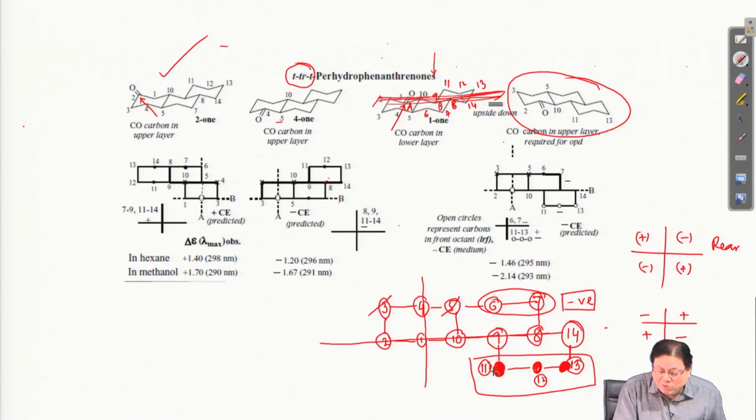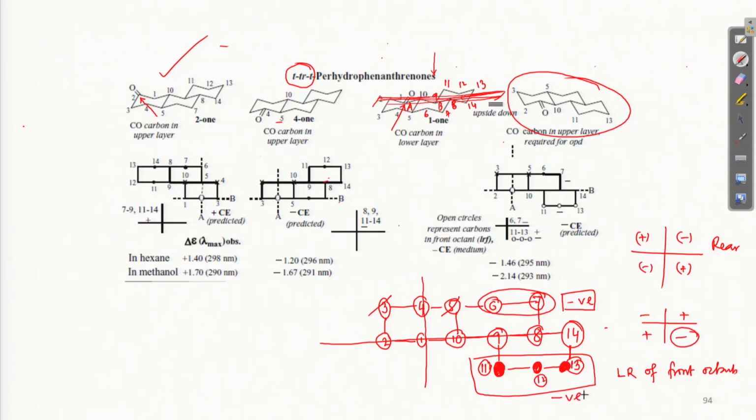So this occupies the lower right of the front octants, and that will also have a negative contribution towards the Cotton effect. Overall, this one should show a negative Cotton effect. And that is the case, it showed the negative Cotton effect.